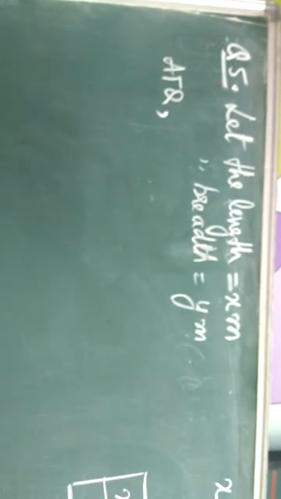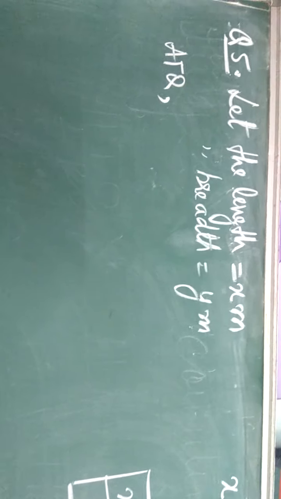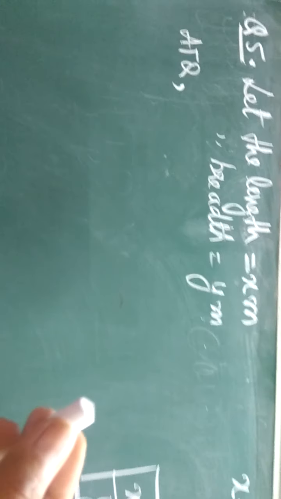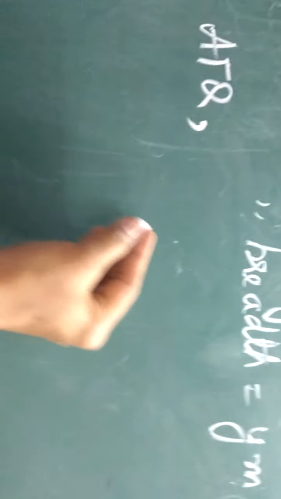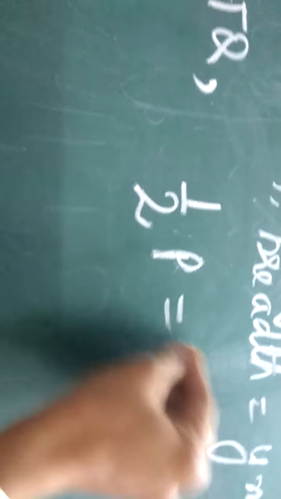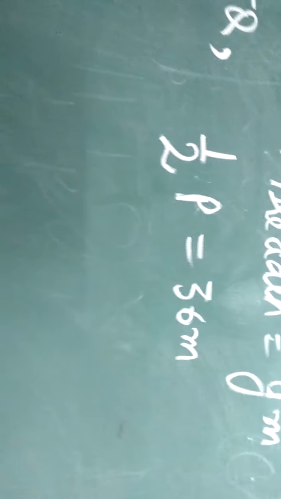So let the dimensions of the garden be x and y, because the park is rectangular, so it must have length and breadth as its dimensions. So let the length be x meter and breadth be y meter. According to the question, if half of the perimeter is 36 meter, from here we will make the first equation.